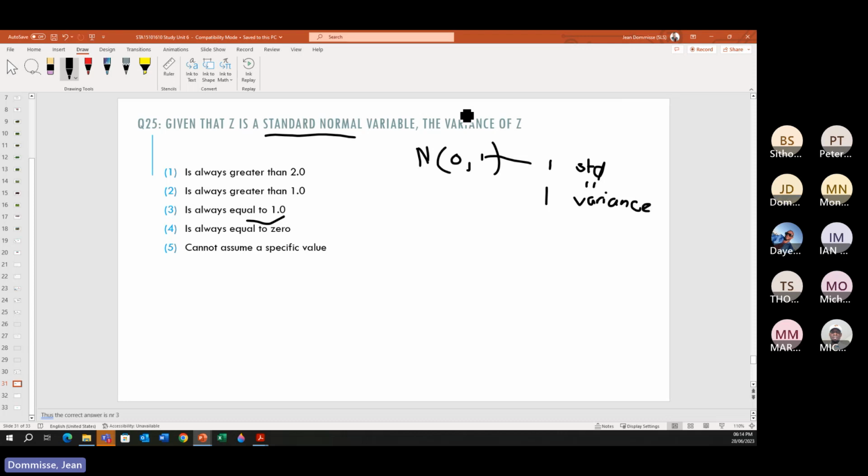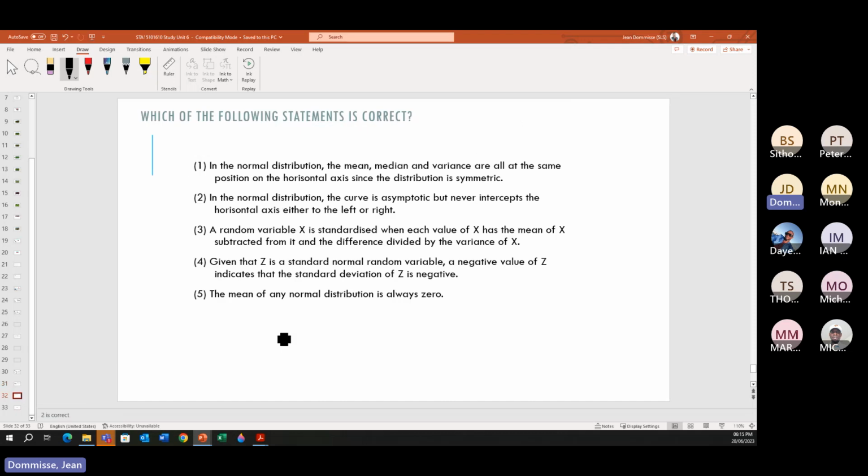And then it is nearly a catch and tricky question, because the definition tells us the variance is equal to 1, but just remember, if we take the square root of 1, it stays 1. Okay. So in this instance, the variance will always be equal to 1. Okay, so option 3.